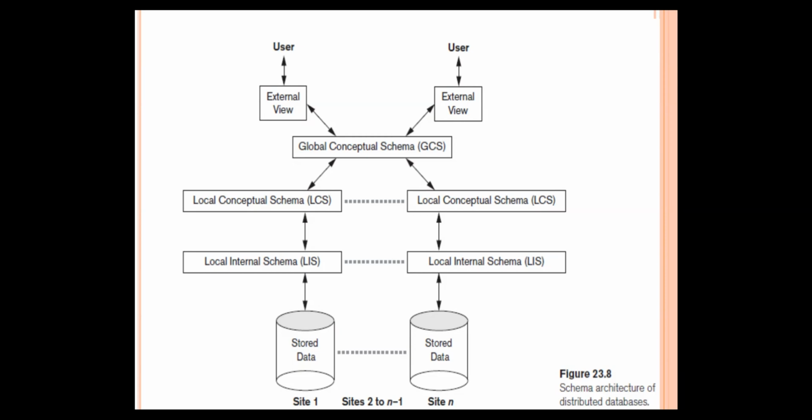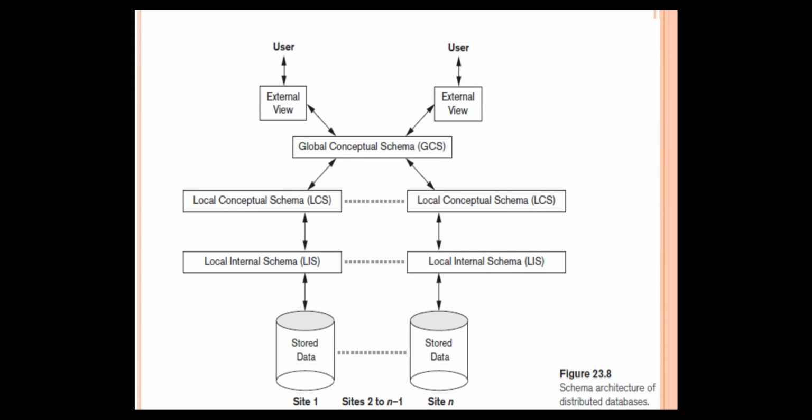After identifying that my account belongs to Maharashtra Bank, it will go to the local query optimizer of the Maharashtra Bank database. Then it will go to the local internal schema, because my card belongs to the Bangalore branch. It will access the table from the particular region. So the local internal schema of Bangalore will be enabled, because my complete data is available in the particular subtable. Then it will go to the directly stored data, with access rights to the particular table where my account details are available.